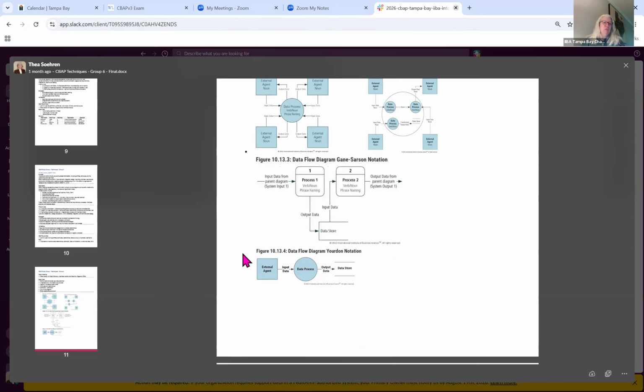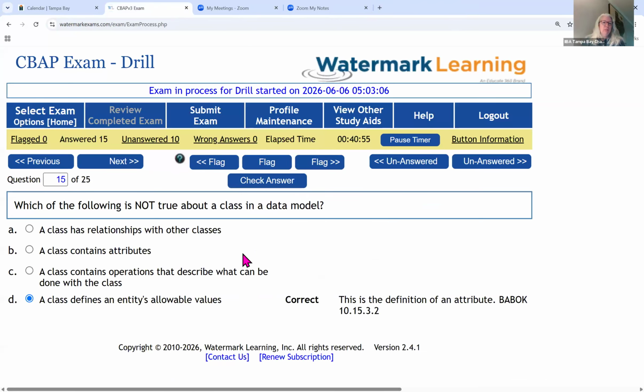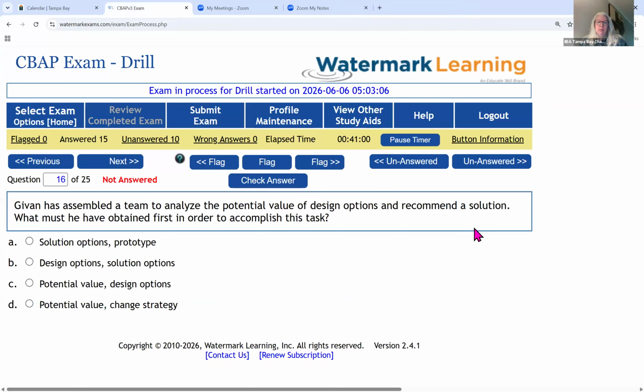Siobhan has assembled a team to analyze the potential value of design options and recommend a solution. So we know we are in the very last task, to recommend a solution. What must he have obtained first in order to accomplish this task? For this task, we want to know what the inputs are.